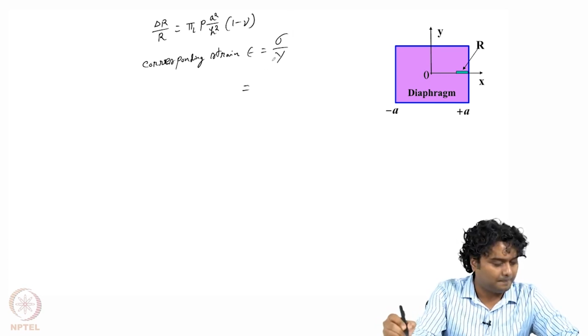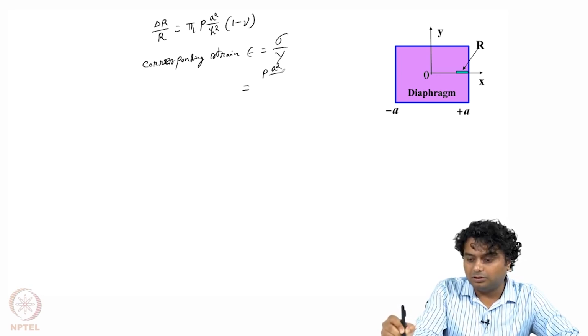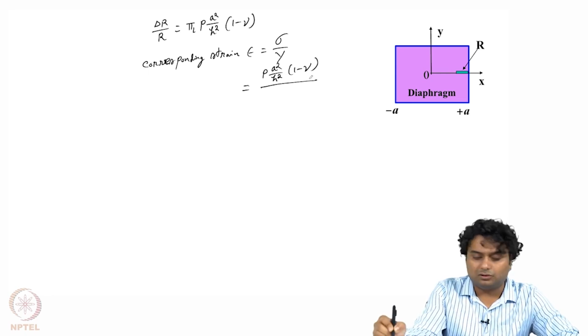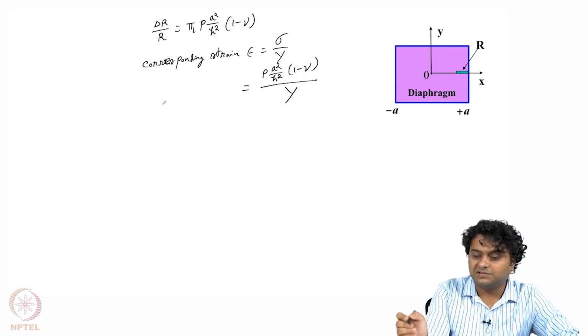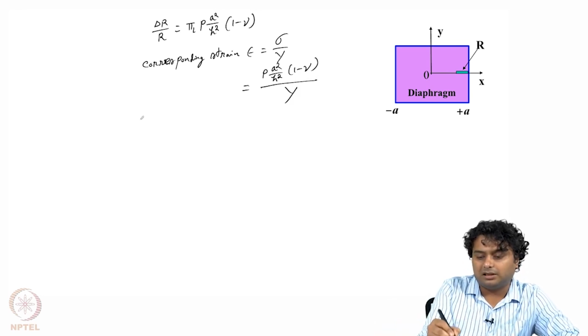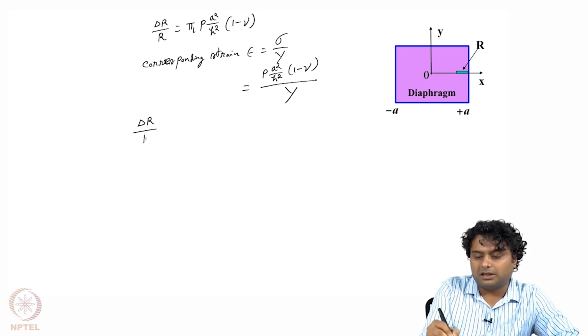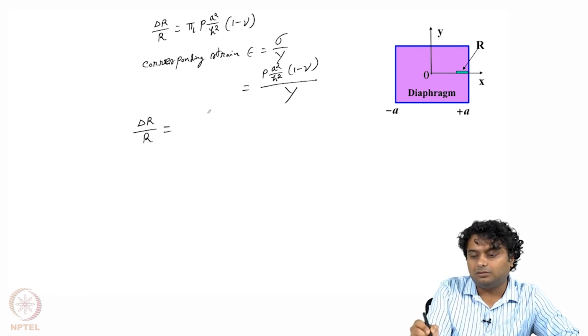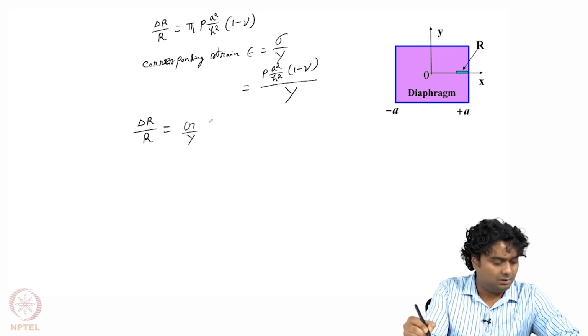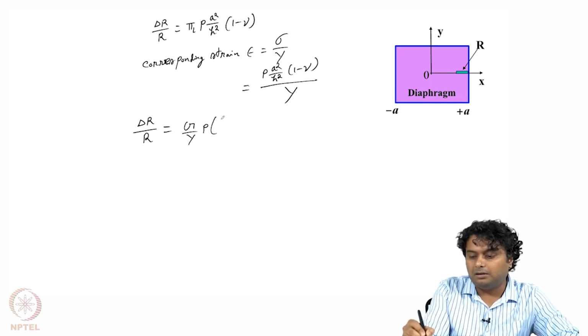So this becomes P into A square by H square into 1 minus nu divided by Y. So, in terms of gauge factor, delta R by R becomes G into epsilon, that is G by Y into P into A by H whole square into 1 minus nu.